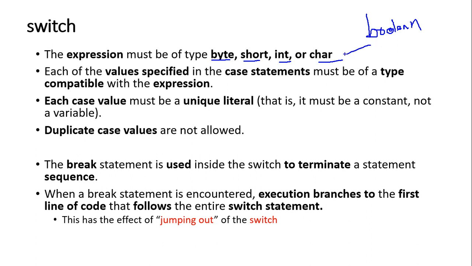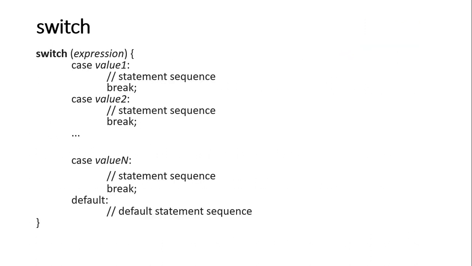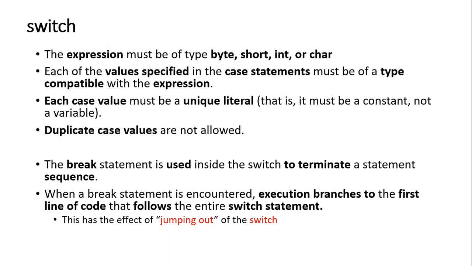For the sake of explanation, I told you that if this is a boolean, you can't write this as 0 and 1, because in boolean 0 and 1 don't match. But fortunately, in the switch statement, boolean itself is not allowed here. So you can ignore that problem.